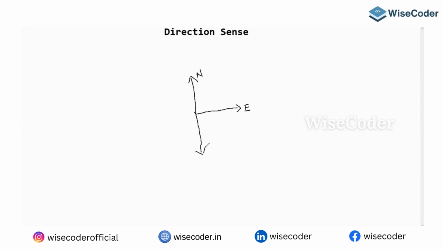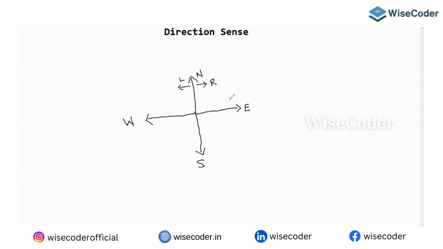From a particular point, if you're coming downwards, this is south. And this particular direction is called west. If you are traveling towards north, this is going to be your right, and this particular direction is going to be your left. So you need to draw a diagram like this.